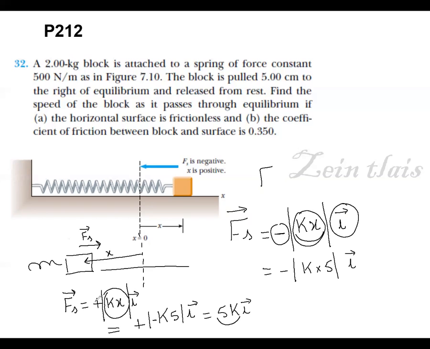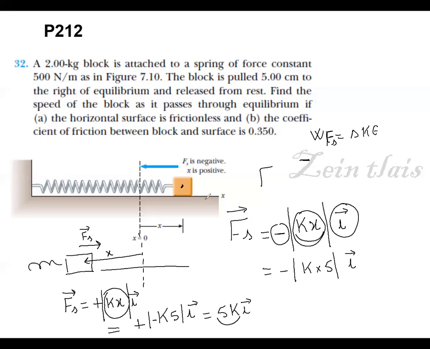For this reason, when we applied Newton's law, we said Fs is to the left. When we applied omega total equals delta kinetic energy, we said omega Fs is to the left, so we put minus.